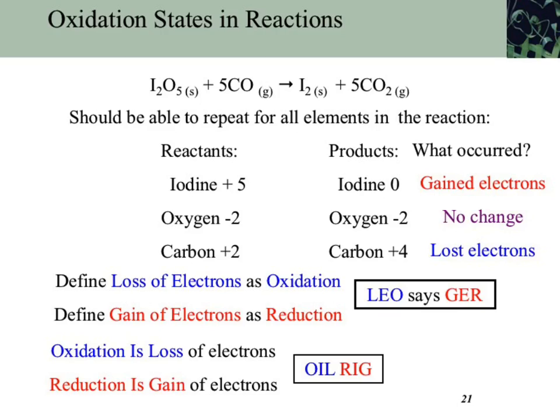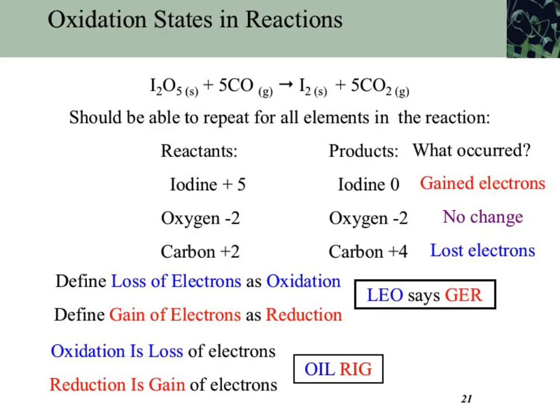Well, that's our reduction. That term is a little bit harder to nail down, but we could do it based off of oxygen again. What species was reduced? Well, that was our iodine. What happened to the iodine in the course of the reaction? We went from I2O5, so 5 oxygens bound to it, to what? I2. What happened to the amount of oxygen bonds?